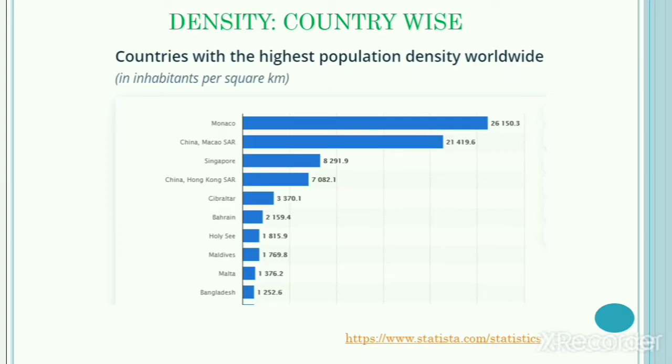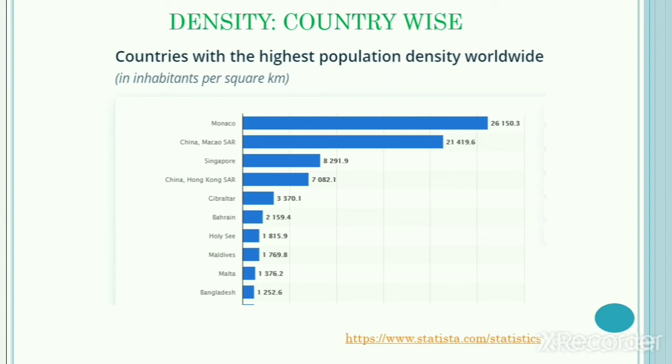If you take the case of the population country-wise, Monaco is the most densely populated country in the world, with 26,150.3 persons residing in a square kilometer.